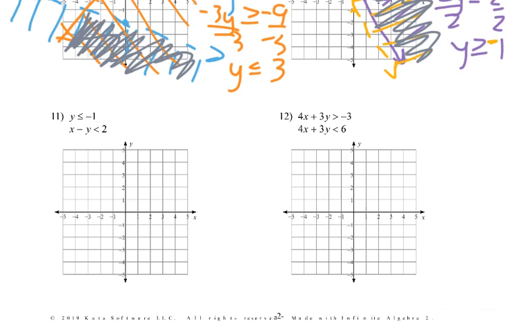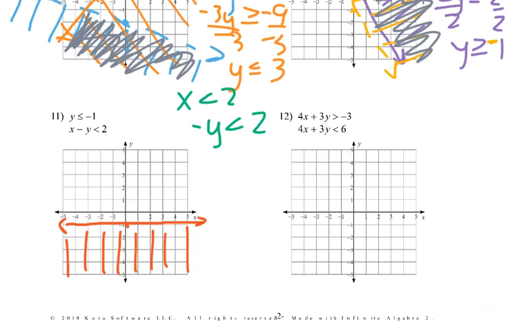Okay. All right, last two. y is less than or equal to negative 1. So negative 1. And y is less than or equal to, so solid line, less than, shade below. Okay, x minus y is less than 2. So x is less than 2. Negative y is less than 2, which divide by negative 1.